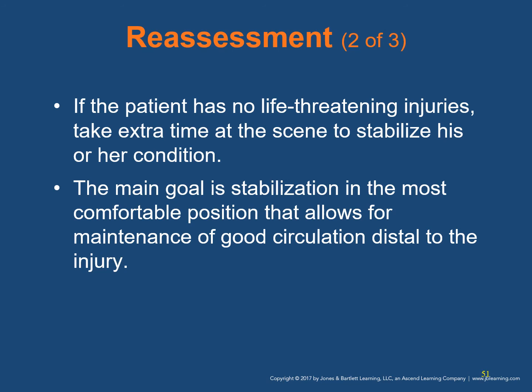A complete and secure splint will reduce pain, reduce shock, and minimize compromised circulation. Check the patient's circulation, motor function, and sensation prior to and after splinting. The main goal in providing care in musculoskeletal injuries is stabilization in the most comfortable position that allows for maintenance of good circulation distal to the injury.